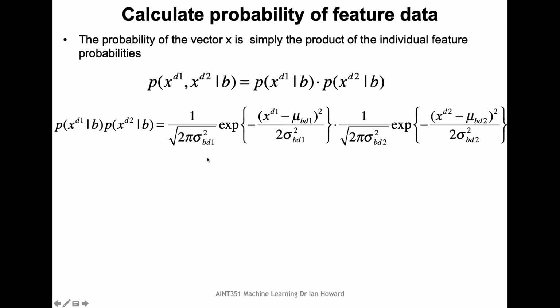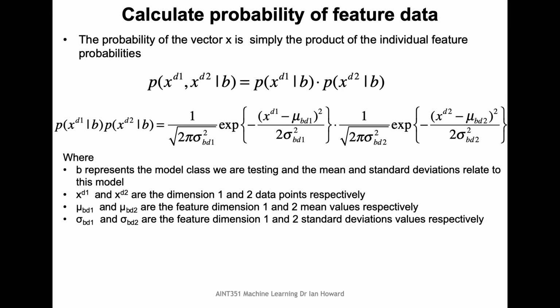We're now just going to plug in the formulas for the Gaussian, which gives us p(x_d1 given B) and p(x_d2 given B). The first expression is for the first Gaussian, and the second expression is for the second Gaussian. We multiply those together.